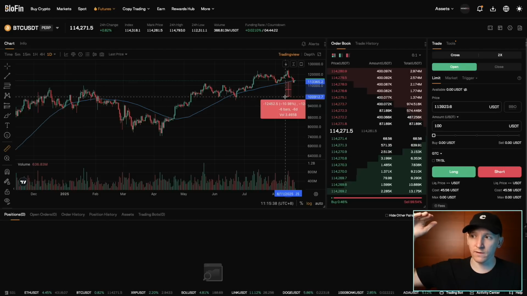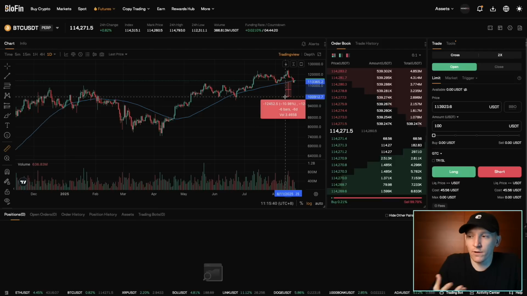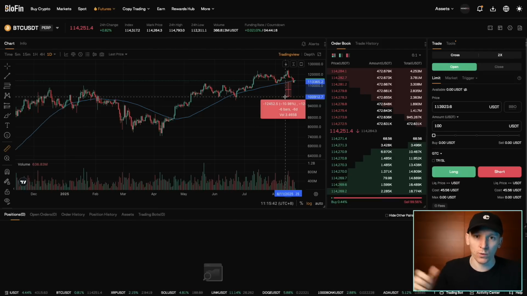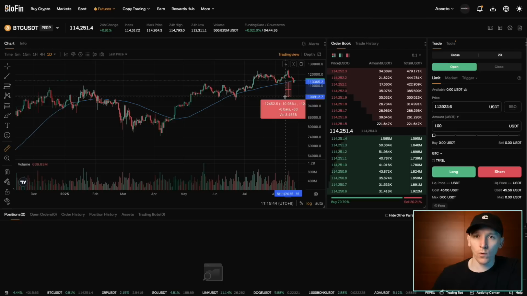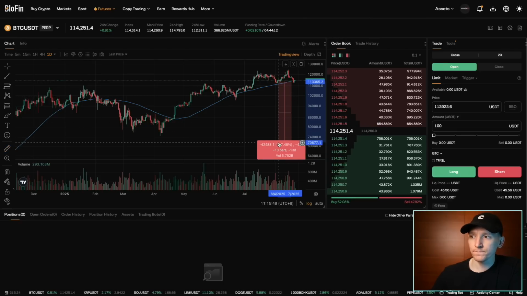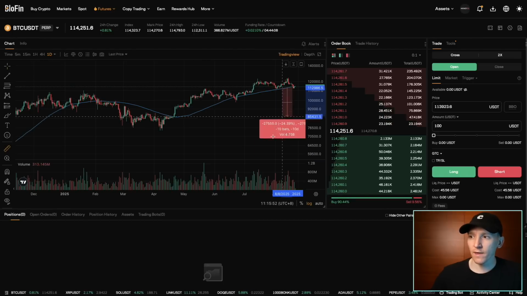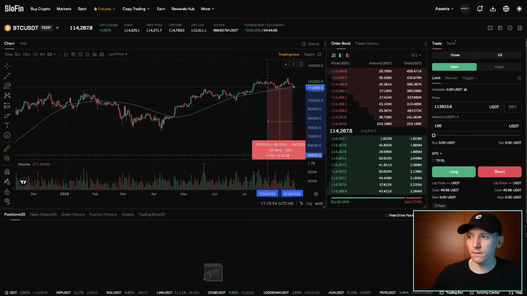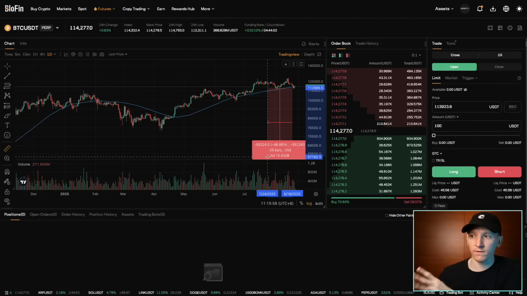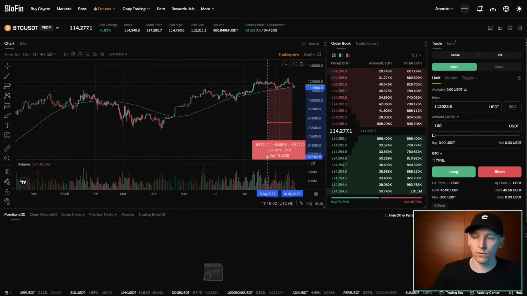If we get down to 10+%, I have no cash to fund that loss anymore, I'll get liquidated. If I'm using 2x leverage, I can fund 50% of the position, so I can fund a 50% loss. That is what I can fund around here. So if it's $100,000, I can basically fund it down all the way to $50,000. Right, so I'm using 2x leverage, I'm funding more of the position.